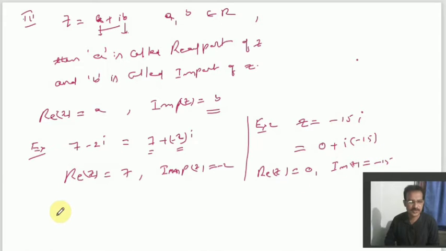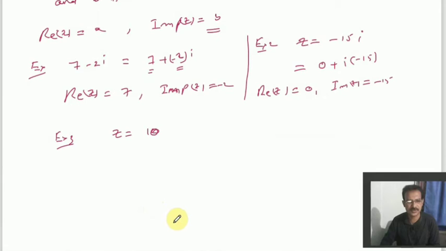Suppose another example number 3. Suppose a number z is equal to 10. What about the real part of z and imaginary part of z? This can be written in this form: 10 plus, there is no imaginary part here, so you can write i into 0, in a plus ib form.